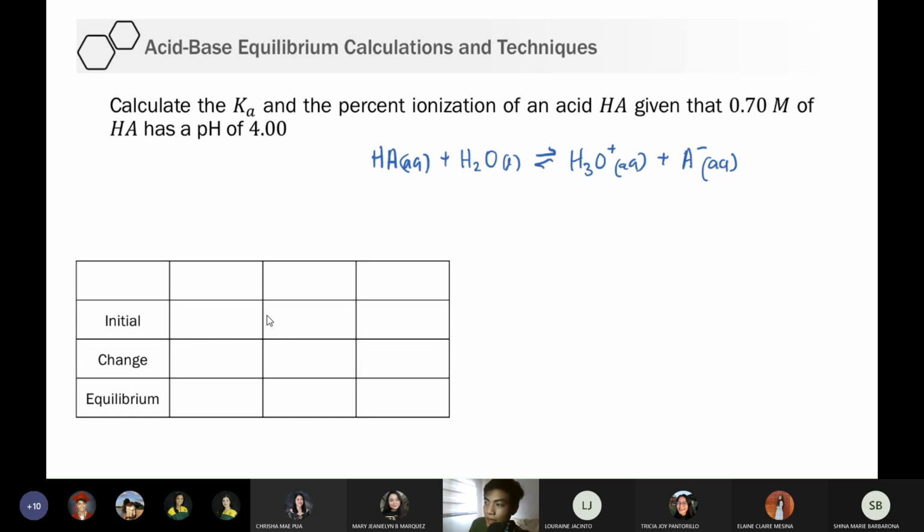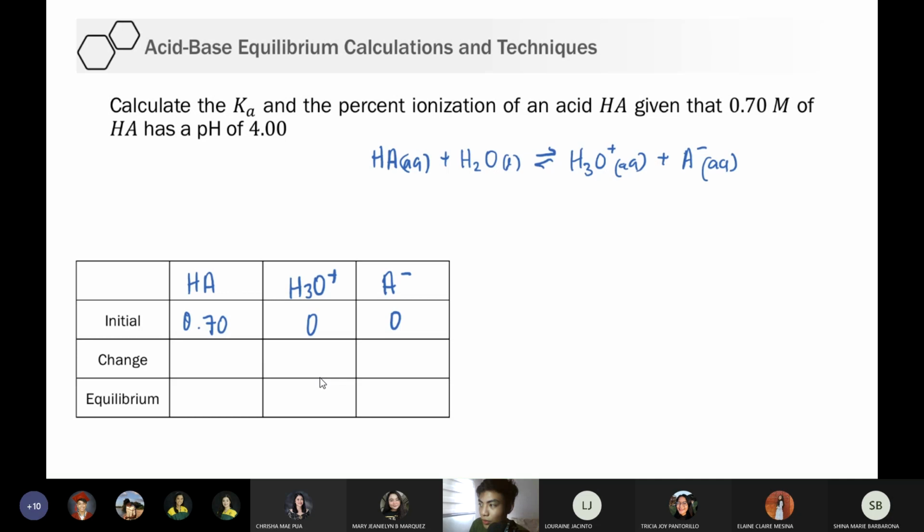Let's try to construct the ice table from this. Every time you have an equilibrium expression, you try to write the ice table parati. Sulat mo parati kung ano yung info sa ice. So you have HA for the reactant, H3O+, and A- for the products. Initial concentration, 0.7 molar for the acid, 0 for the products.